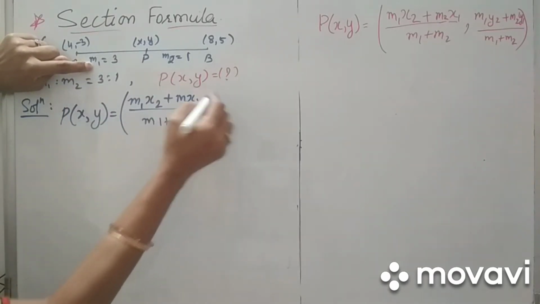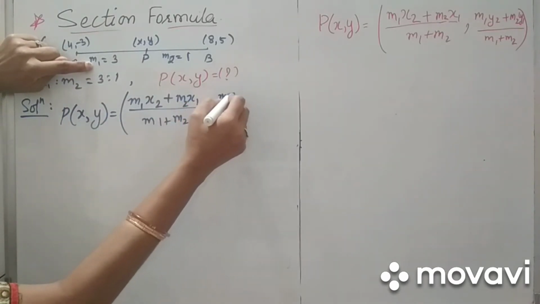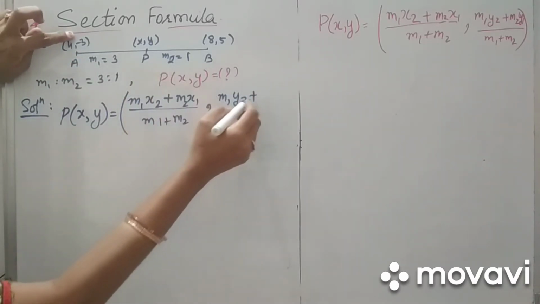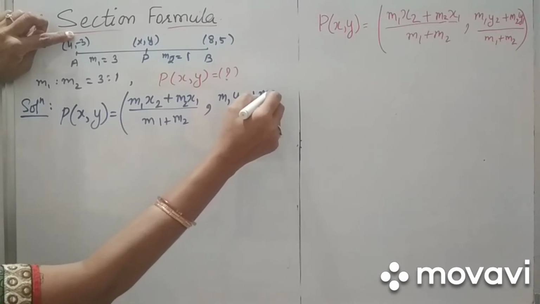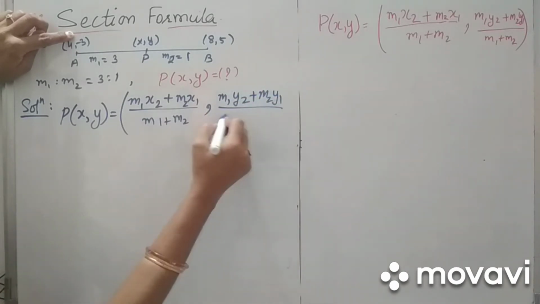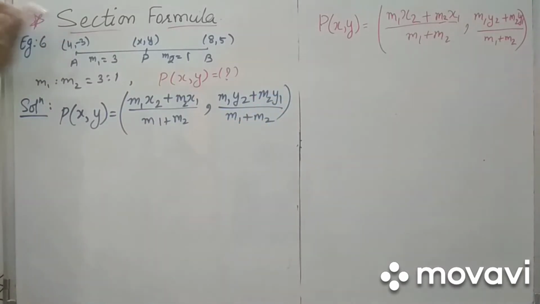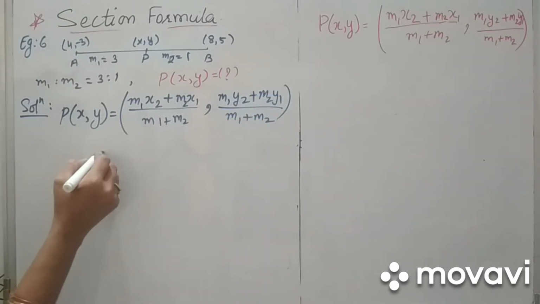Same way, M1 into y2 plus M2 into y1 upon M1 plus M2. Now I think it's clear and easy also.